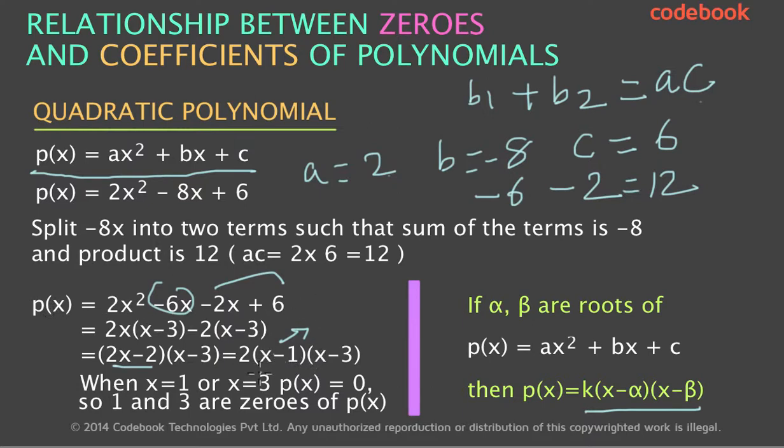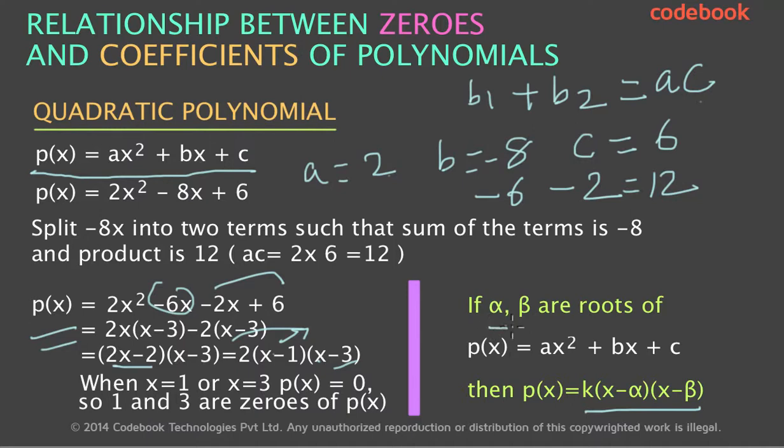So when x is equal to 1, this whole value becomes 0. Similarly, when x equal to 3, the whole value becomes 0 because 3 minus 3 is 0. So 1 and 3 are the roots or zeros of this polynomial p of x.